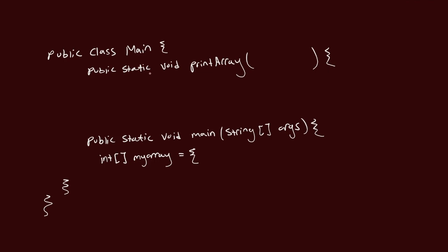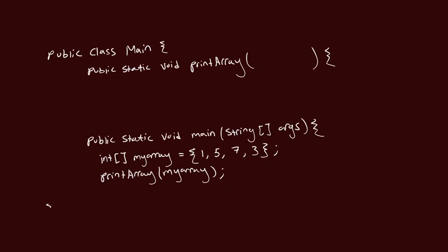So I can set up my array and I'll pass in the following values. And then I do print array, and you pass in your array name, which for me is my array. Okay, so this my array has these values stored inside it.